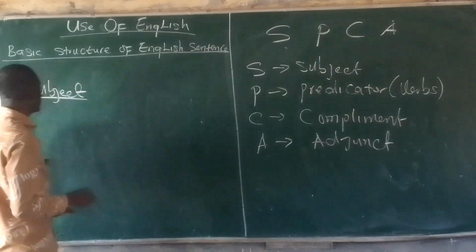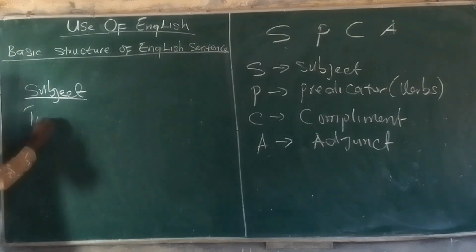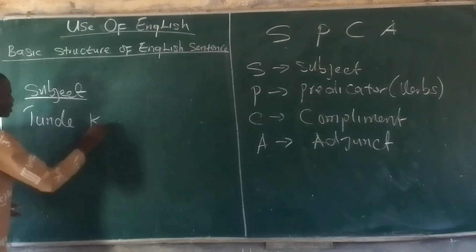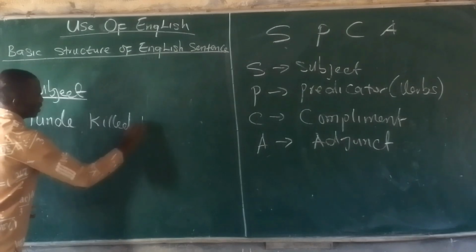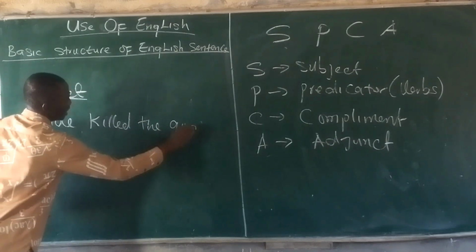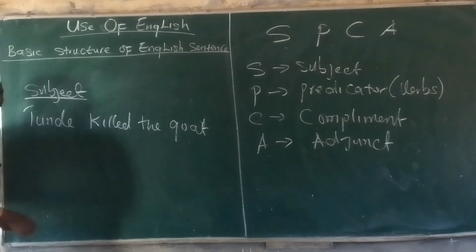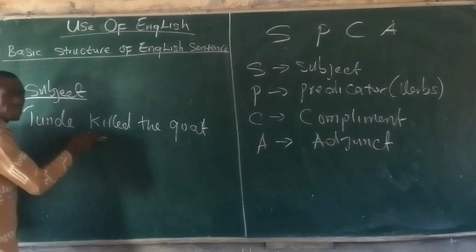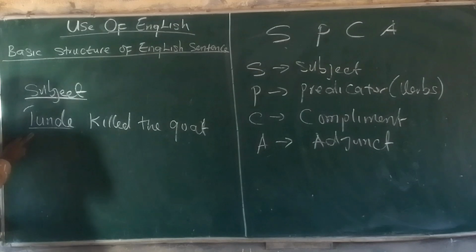Let's look at this example. Tunde killed the goat. Tunde killed the goat. Of course, the performer of the action, killing of the goat, is Tunde. So Tunde is the subject. Look at another example.